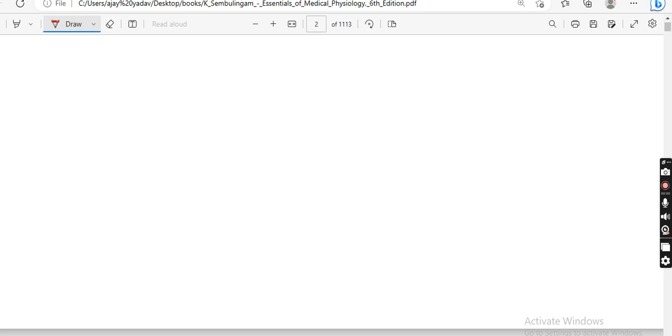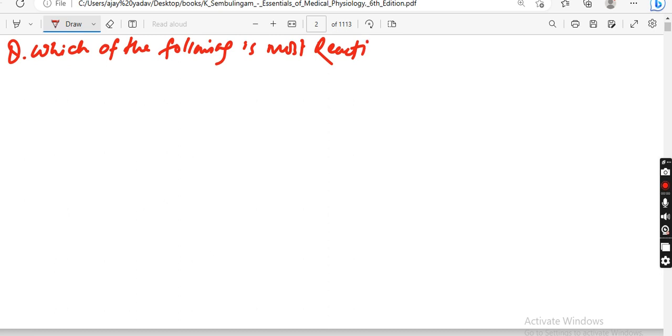Now let us come to the next question. Which of the following is most reactive toward nucleophilic substitution reaction? Option A is C6H5Cl.